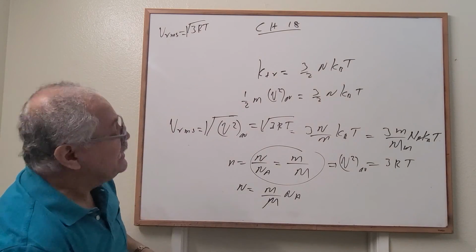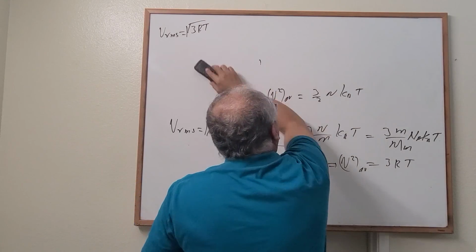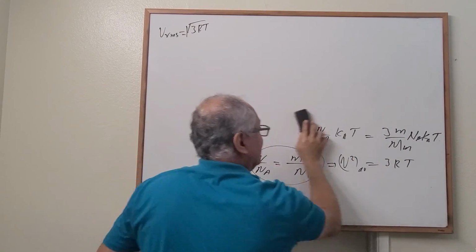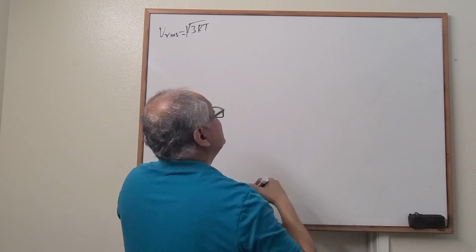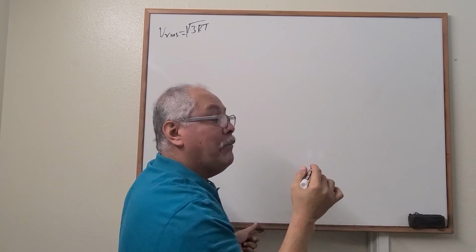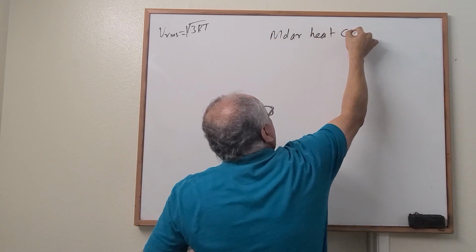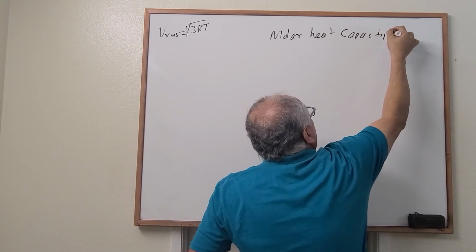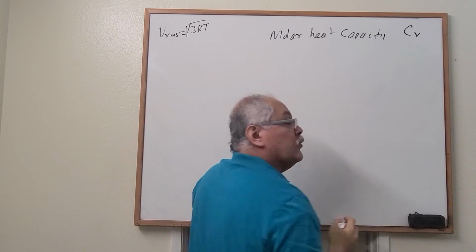Okay, great. Now let's go to the next topic, which is heat capacities. Remember the symbol for heat capacity, especially molar heat capacity. Especially, let's pay attention to constant volume.